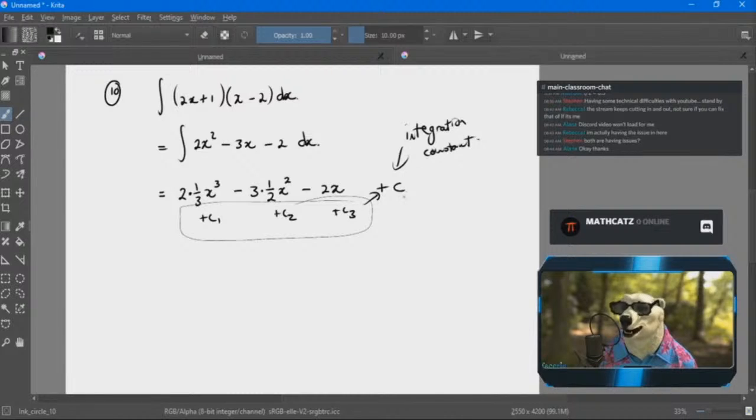So that's always what we're going to do. There's never any need to worry about constants on the way when I can always just pool them and represent them as a single constant. All right, so hopefully at this stage we have our antiderivative indefinite integral concept pretty well settled, and we can build on that.